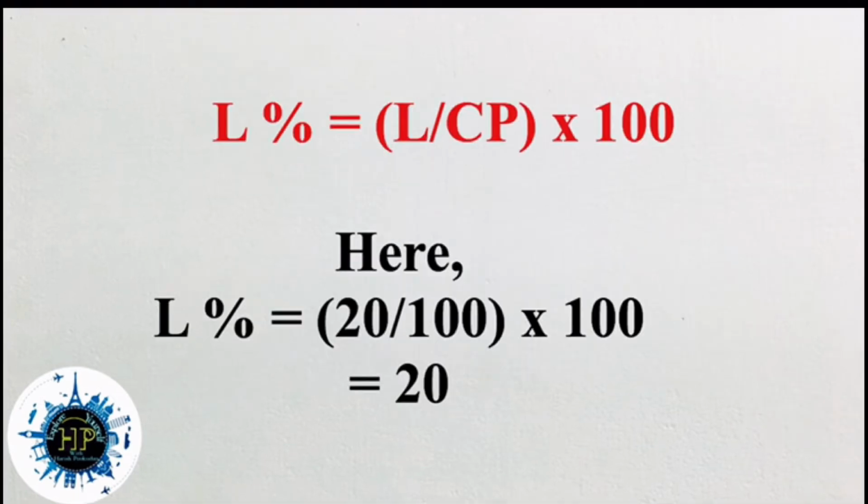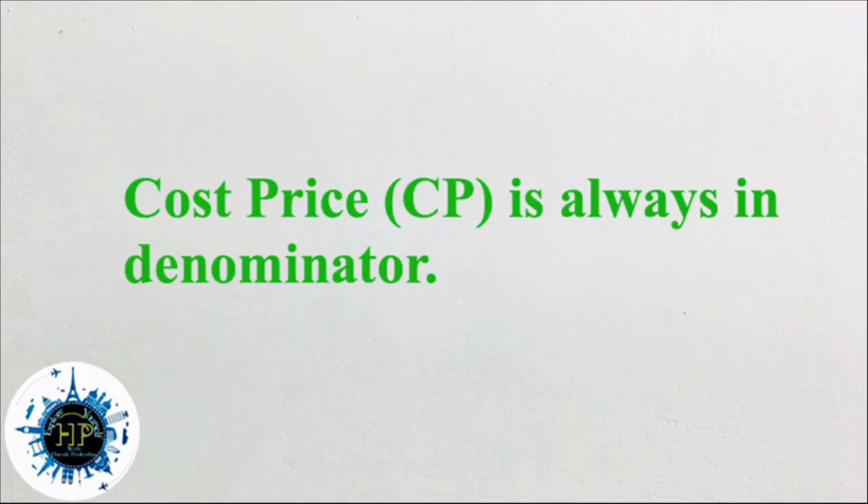Loss percentage is equal to loss divided by cost price into 100. Here 20 divided by 100 into 100, that also is 20%. 20% is the loss. The cost price is always the denominator, so it is the same for both equations.